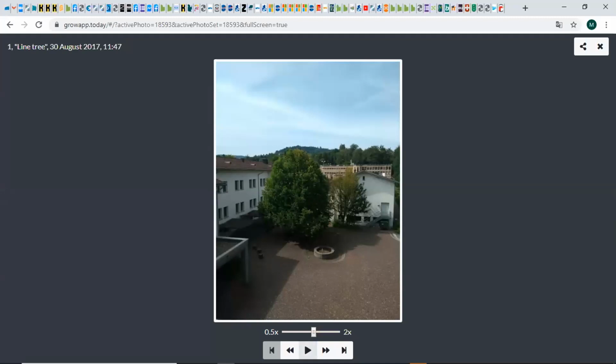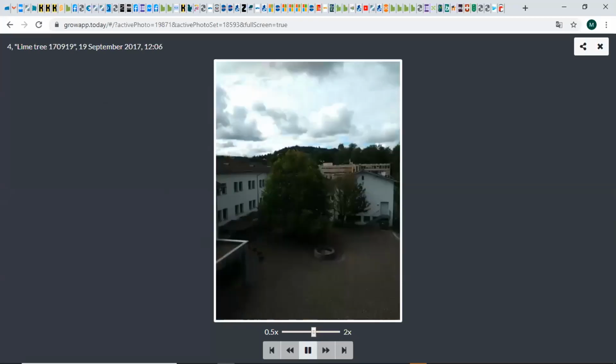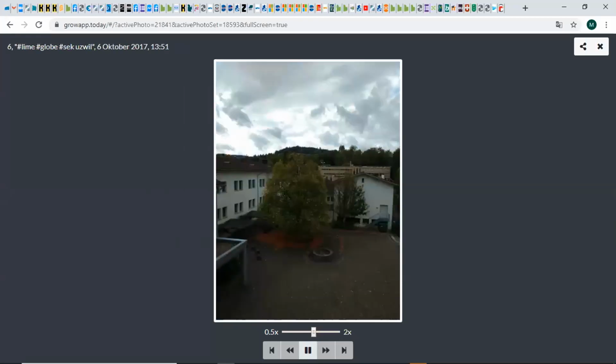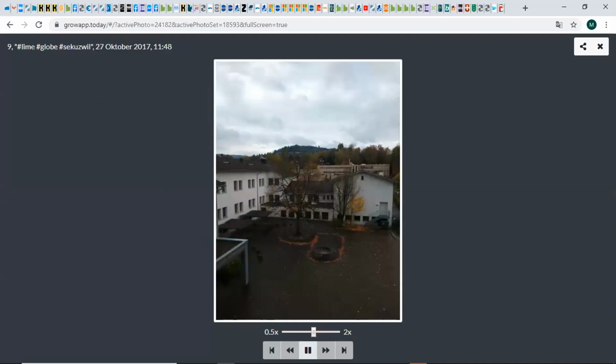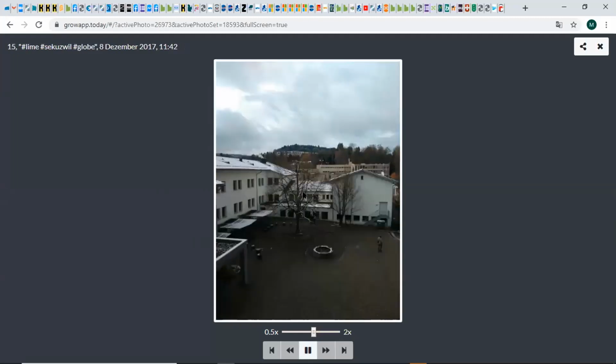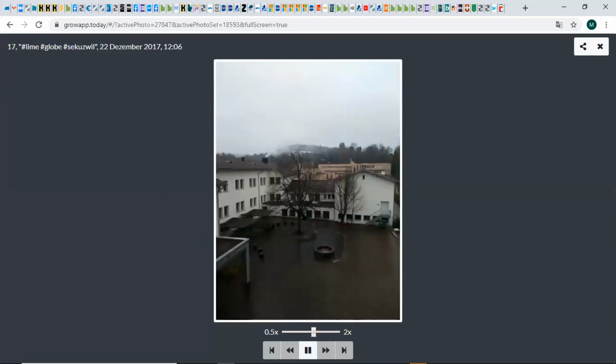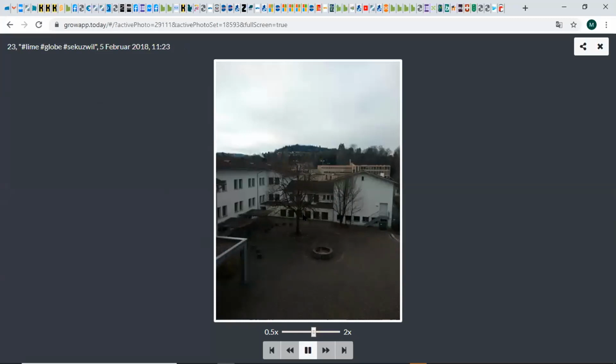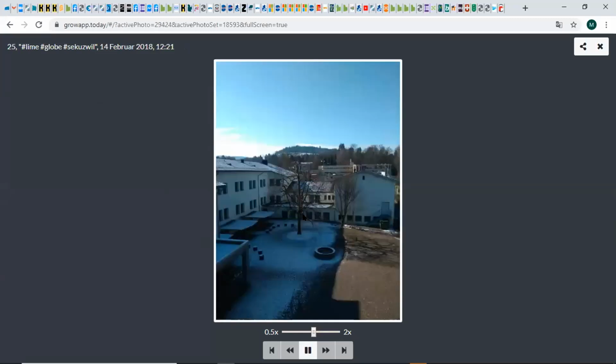Okay. And I started with this project in 2017. I think we have more than 100 pictures meanwhile. And so we take a picture every week. So this is a lime tree here in our school. And you can see, sometimes we have snow, but that is a rare event.